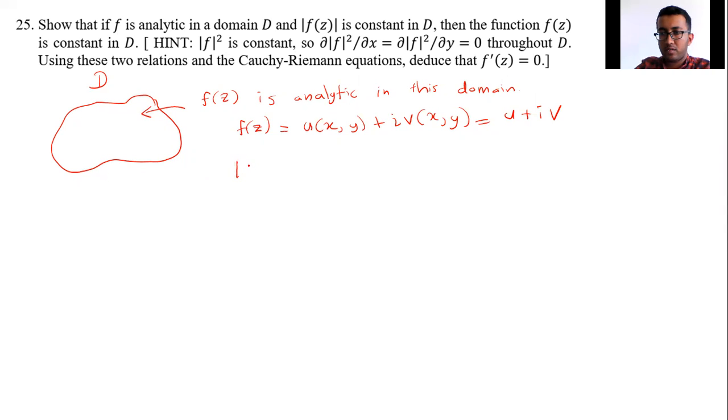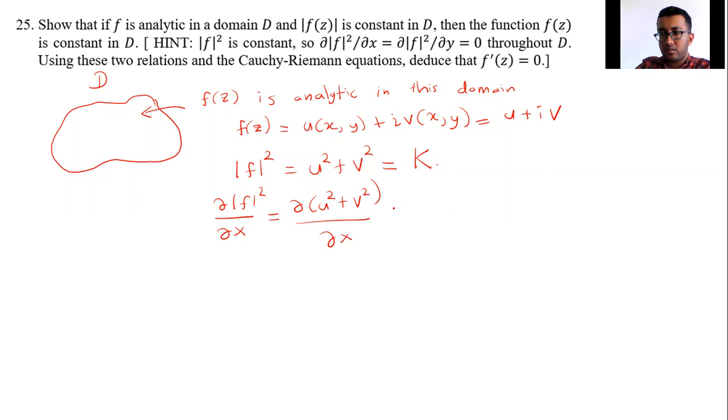Therefore, the square of this, |f|^2, is equal to u^2 plus v^2, and this is a constant k, right? So u is a function of x and y, and v is a function of x and y. So what can you tell about ∂|f|^2/∂x? That is equal to ∂(u^2 plus v^2)/∂x, and this is equal to ∂k/∂x, and this is 0.